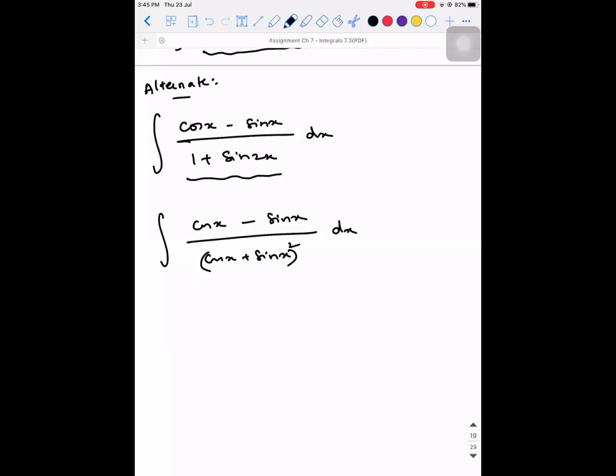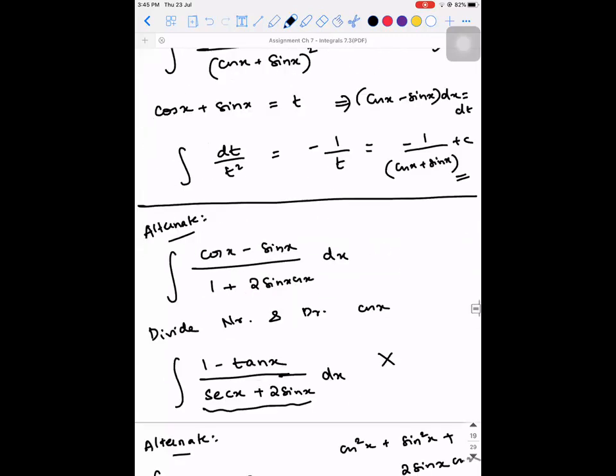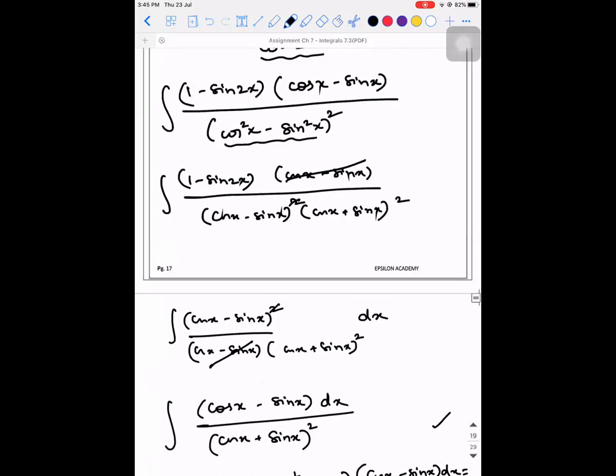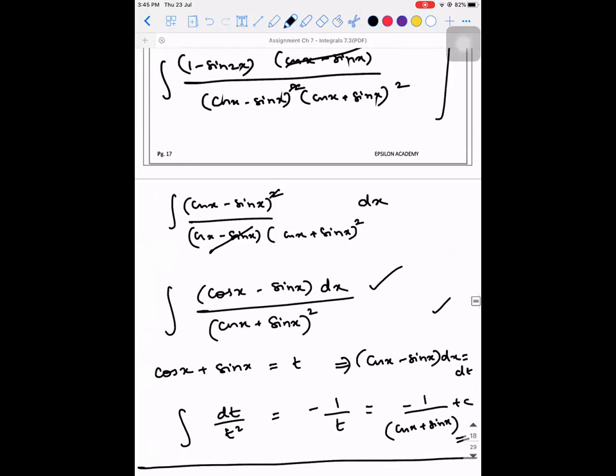Is it right? 2 sin x cos x. So if you would have written it like this, we could have avoided all these steps. Even this step would have been avoided.